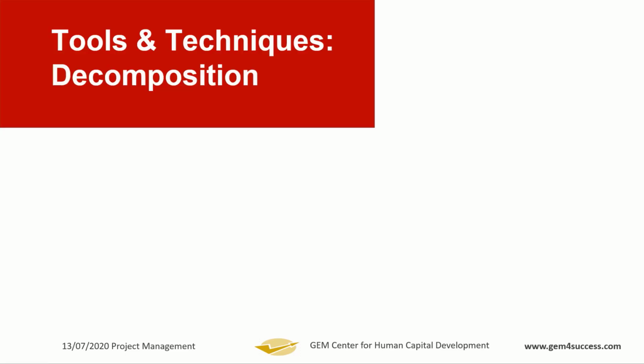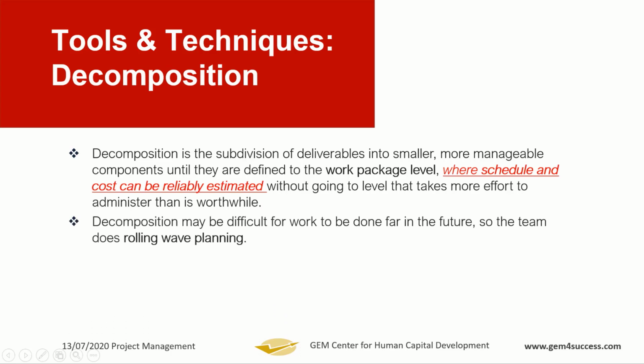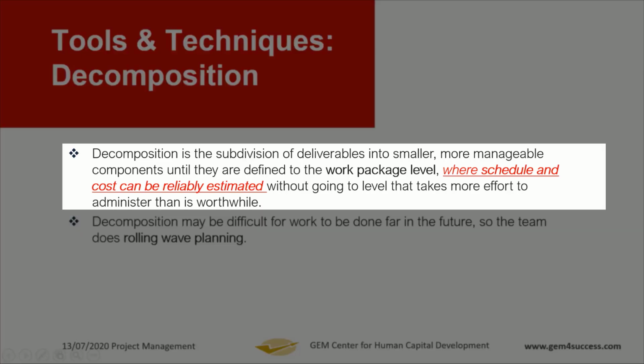Decomposition is the subdivision of deliverables into smaller, more manageable components until they are defined to the work package level. And how do we know when we get to the work package level?